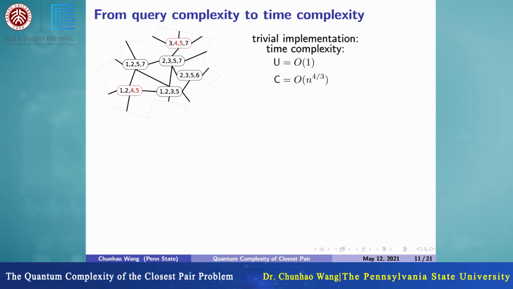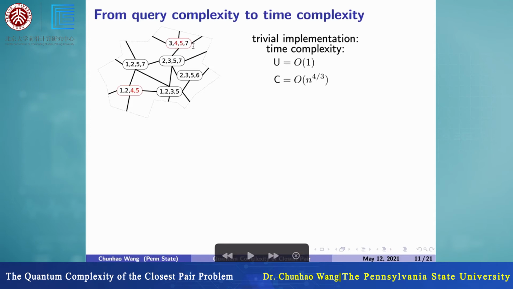By talking about the time complexity, we need to worry about how to implement this algorithm, what's the cost for taking one step, and what's the cost for checking. Okay, so if you use the trivial implementation, I mean, if you just store all the points in a list or something like that, then update should be efficient. But checking is time consuming, because for checking if each vertex is marked or not, you basically check each pair.